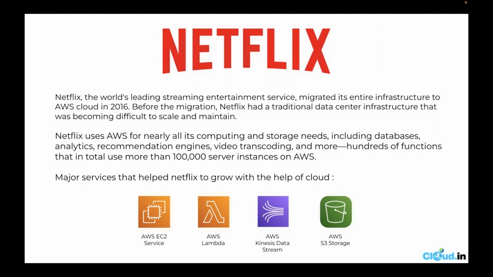Today Netflix has a variety of AWS services such as EC2, S3, and RDS to store the content. The company also uses Lambda, which is a serverless computing service, CloudFront for content delivery, and DynamoDB for NoSQL databases.